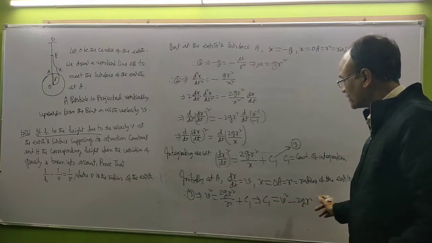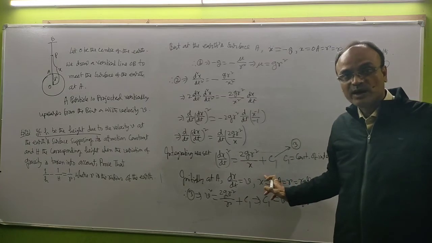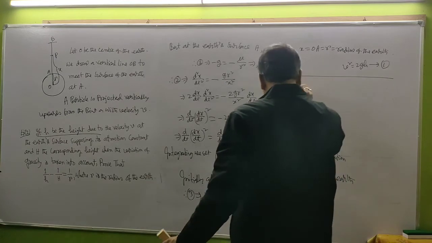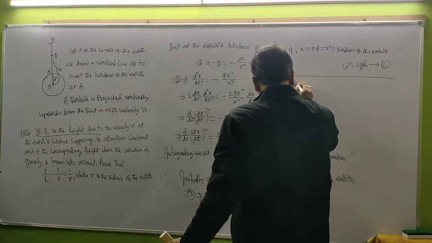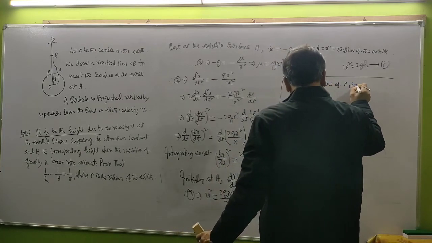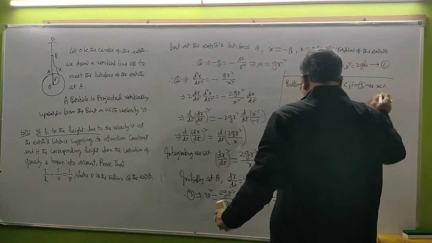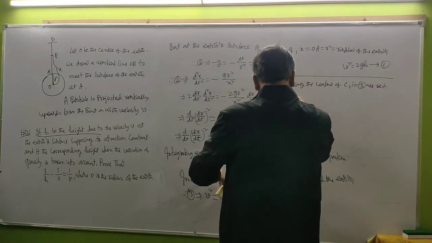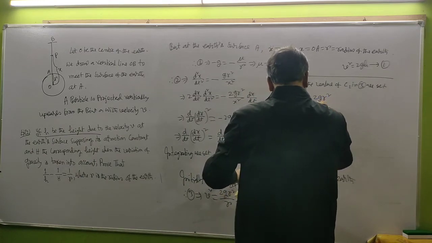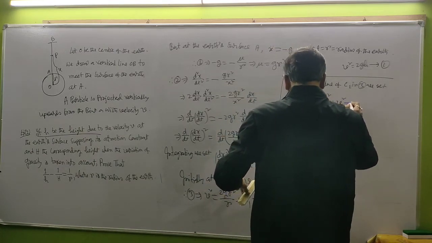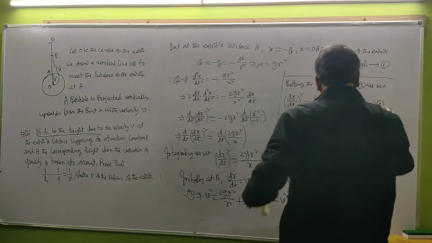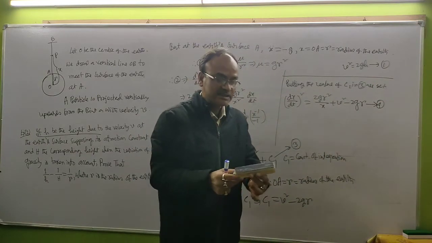Putting the value of c1 in 3, we will get (dx/dt)² = 2gR²/x + v² − 2gR. Suppose this is number 4. This is number 2.